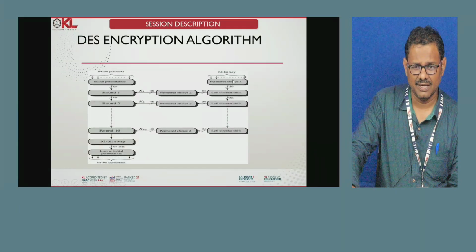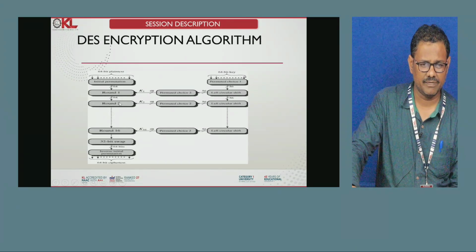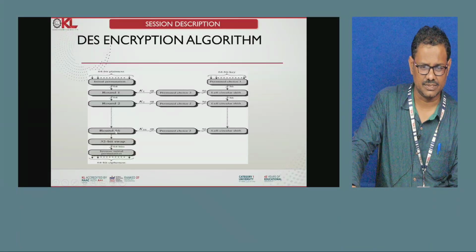You see here, at every permuted choice the number of bits is reduced, from 64 to 56, and again 56 to 48. From permuted choice we get key 1, and we apply it along with the data from the initial permutation to round 1. By getting these two, we get a 64-bit output. This is the input to round 2. In a similar way we go through all 16 rounds.